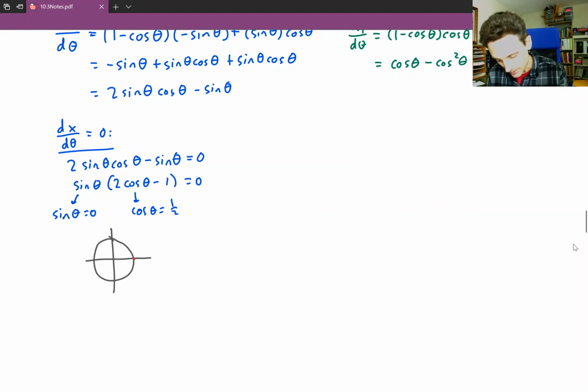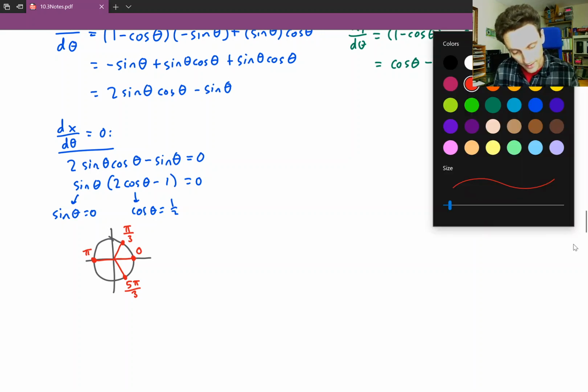So sine theta equals 0, that's going to happen when the y value is 0 in the unit circle, which happens at 0 and pi. And then cosine theta equals a half happens at, for the pi over 3 family, so that's going to be pi over 3 and 5 pi over 3 in the first and fourth quadrant, because that's where cosine is positive.